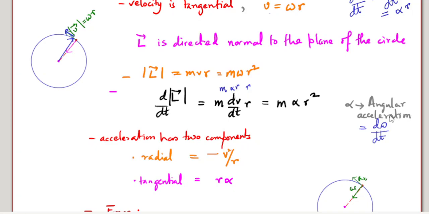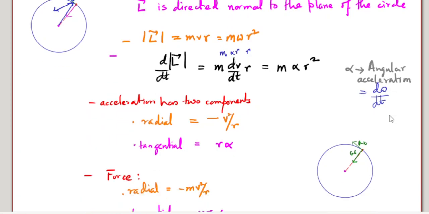But when you have non-uniform circular motion, the acceleration is actually not directed towards the center. It is directed at an angle with an inward component given by v square by r in magnitude and a tangential component given by alpha r. Of course, for uniform circular motion, alpha vanishes, so this tangential component is not there.